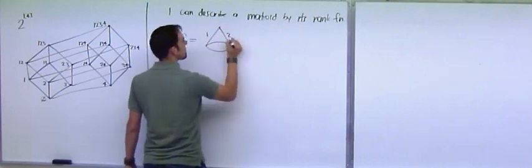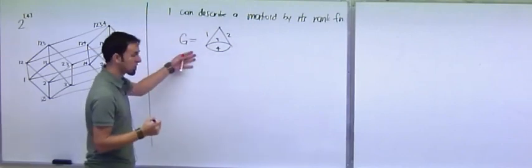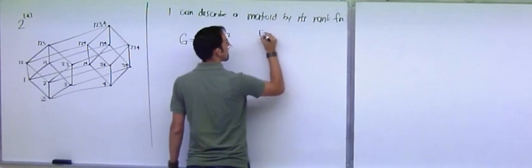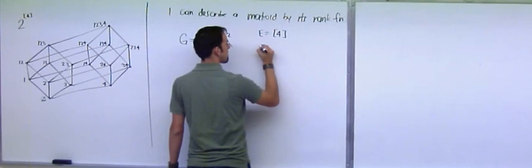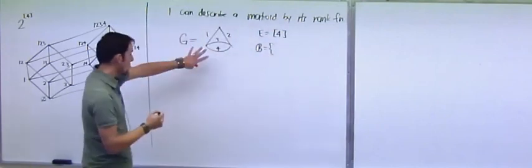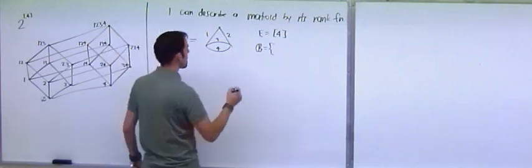So the edges 1, 2, 3, and 4. So we know that this gives rise to a graphical matroid. So the ground set is 1, 2, 3, 4, and the bases of this matroid are all the spanning trees of this graph, which is every pair of edges except for 3, 4.